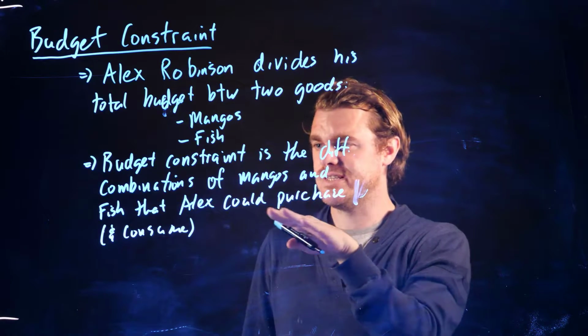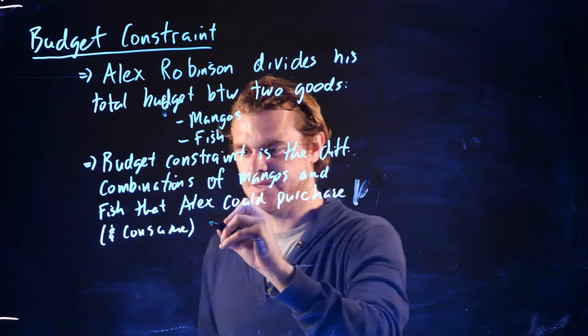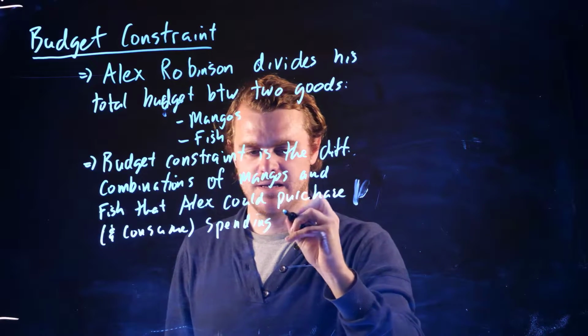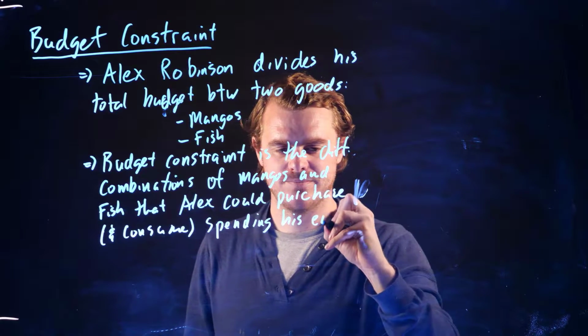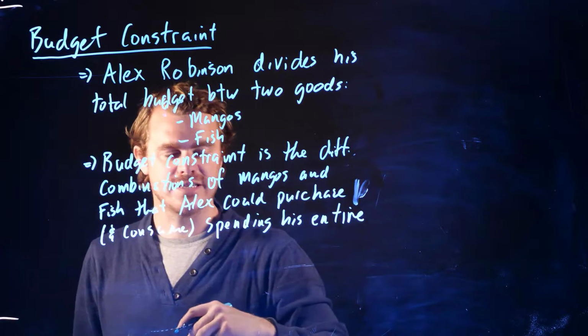So the budget constraint is the different combinations of mangoes and fish that Alex could purchase, spending his entire budget. So this is what the budget line or this budget constraint is going to be.